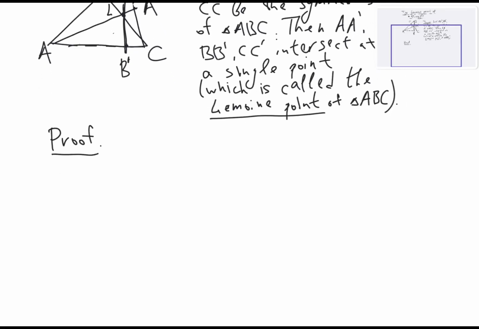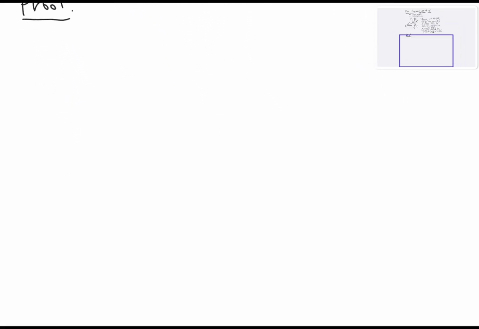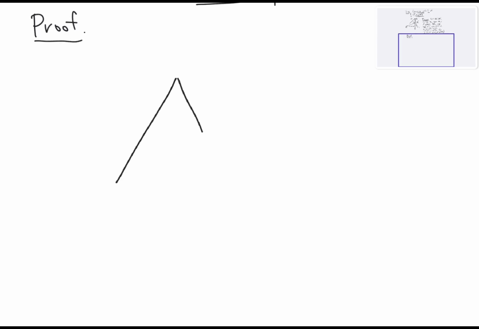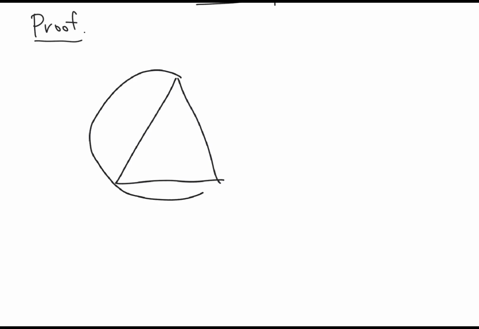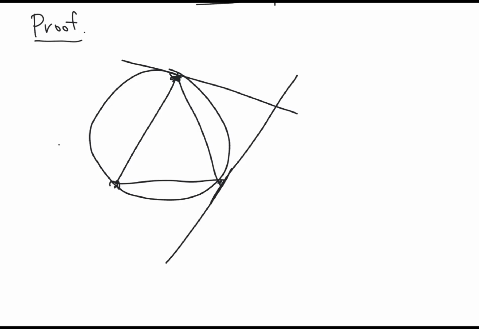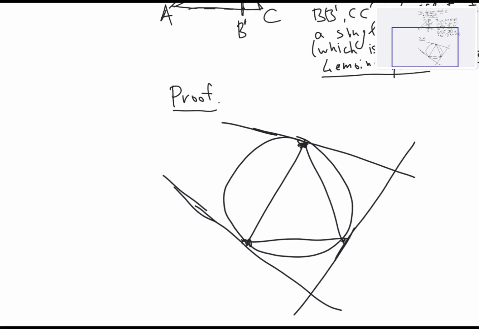So for the triangle ABC, if we consider the circumcircle of this triangle, and we consider the tangents to the circumcircle at the vertices, and we extend these tangents until their intersection, these two would intersect somewhere here.